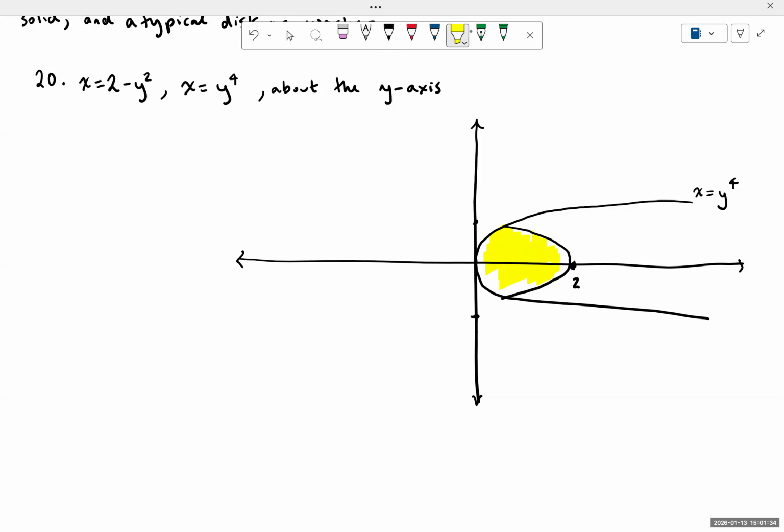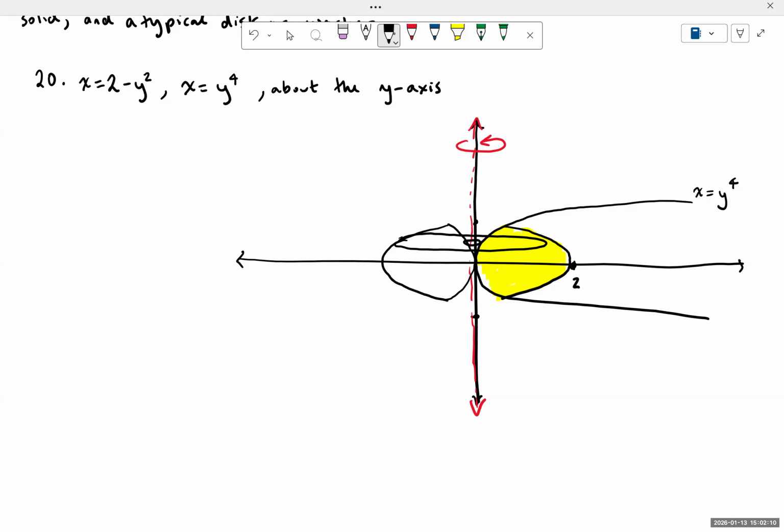This is the region that I want to revolve, and the problem asks me to revolve it about the y-axis. So this is my axis of rotation that I'm drawing here, and it's going to go around like this. Now if we imagine what this looks like, this is going to be kind of a donutty shape, where my cross section is going to have a hole almost everywhere.